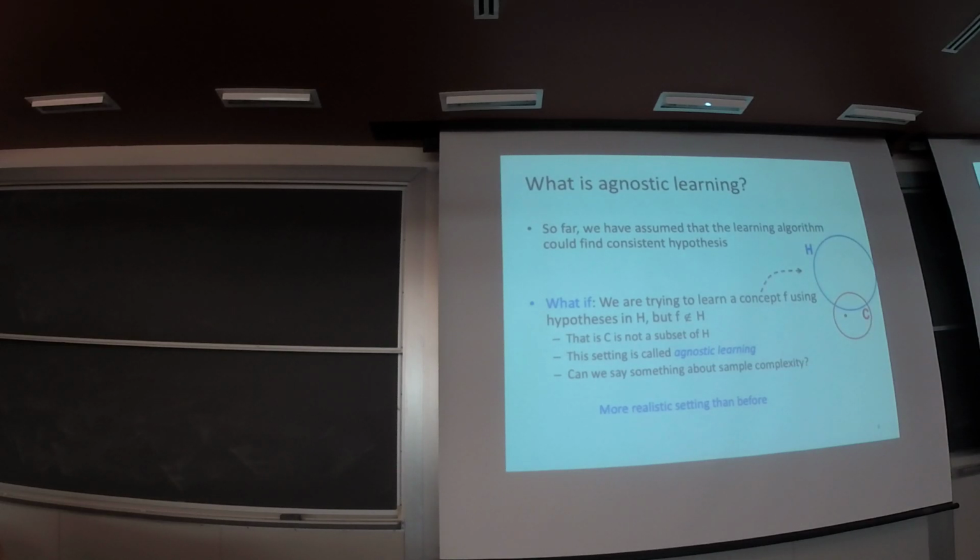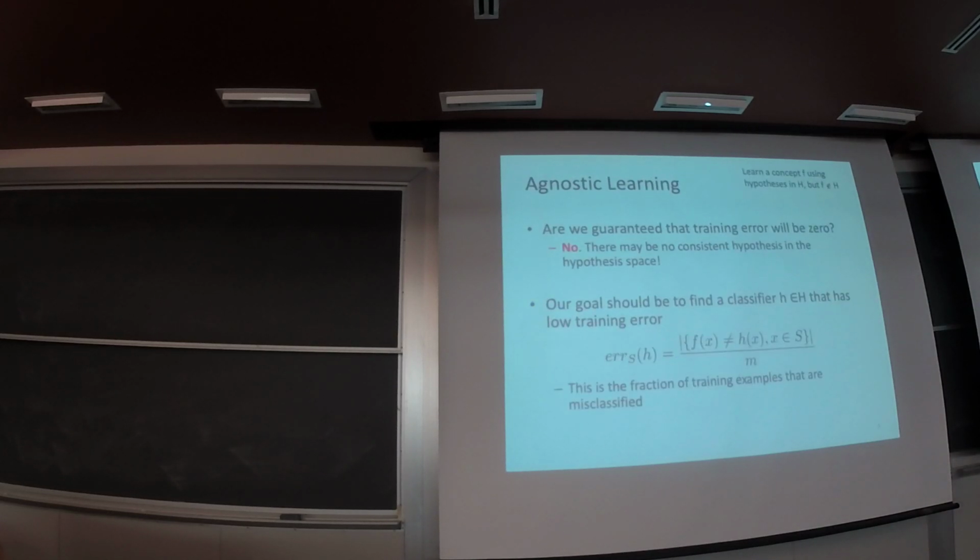Everybody is good with the setting of agnostic learning, right? Okay, so the consequence of your target function not being guaranteed to belong to the hypothesis space is that you cannot ensure the training error is zero.